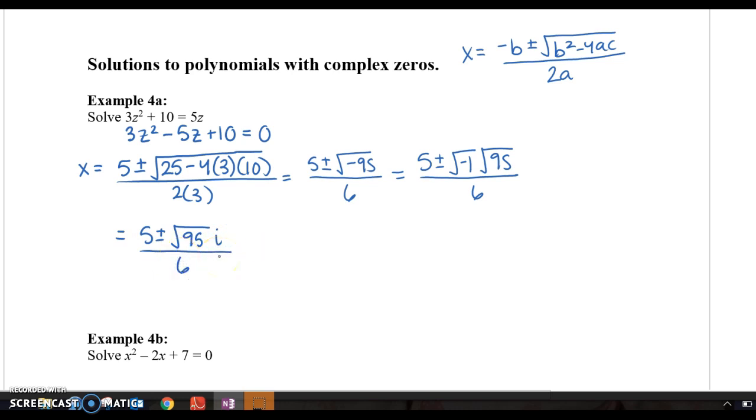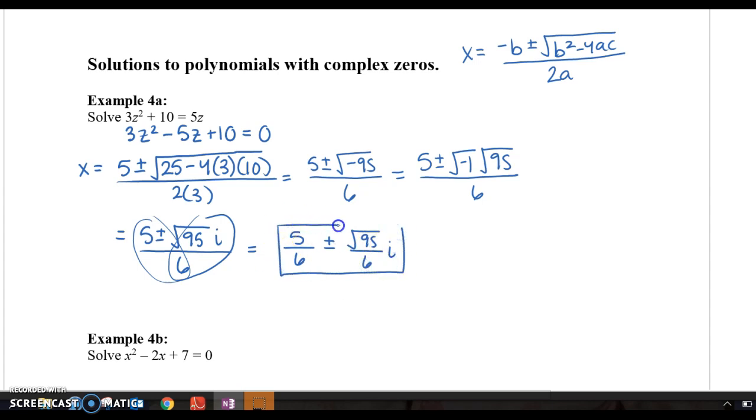And now we can just split it, because 95 does not have any perfect squares you can take out of it, so you can't simplify the radical. So we get 5/6 plus or minus the square root of 95 over 6 i, which is lovely. It's kind of bizarre to picture right now because it's a non-real number, but don't worry about that yet. For now, just focus on the mechanics and getting your answer.